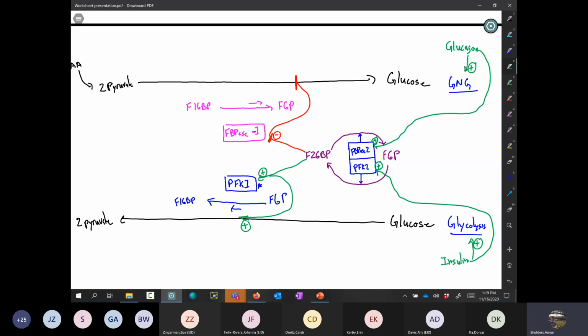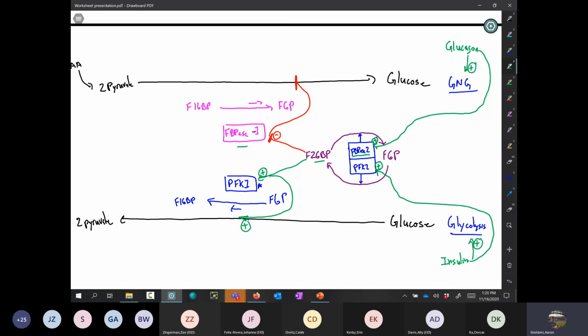So glucagon is essentially acting to activate FBPase 2 that then breaks down fructose 2,6-bisphosphate, that then removes the inhibitor of FBPase 1 and then removes these red lines, essentially. Whereas insulin activates PFK2 and causes the production of an activator of glycolysis, activates PFK1, and it inhibits gluconeogenesis. So that's essentially what's going on here.